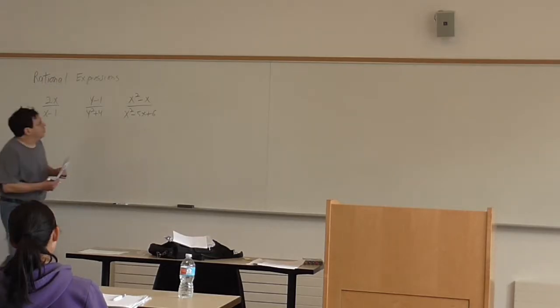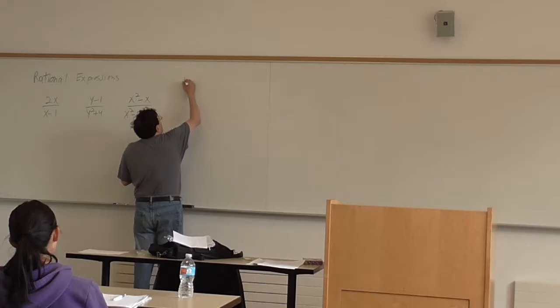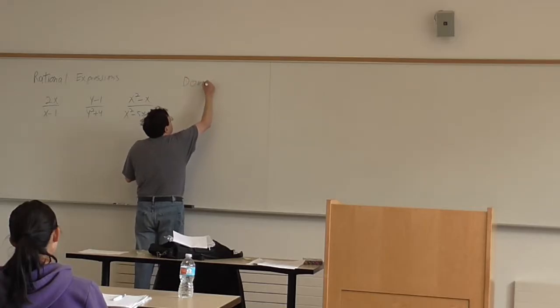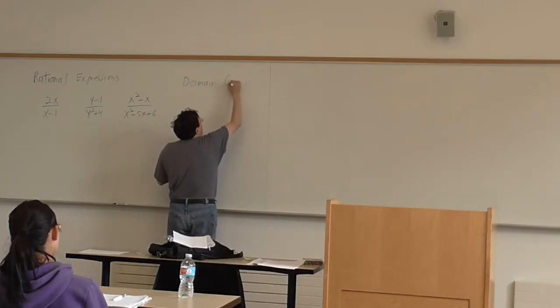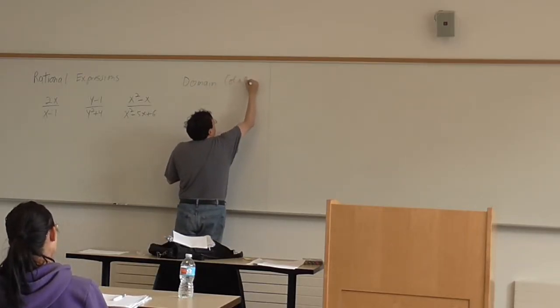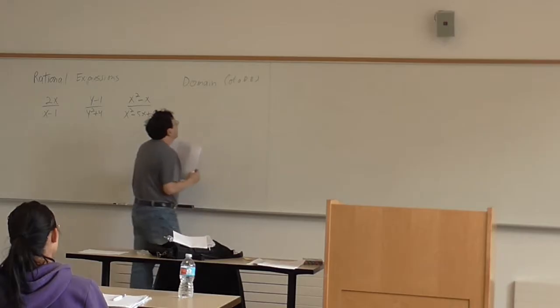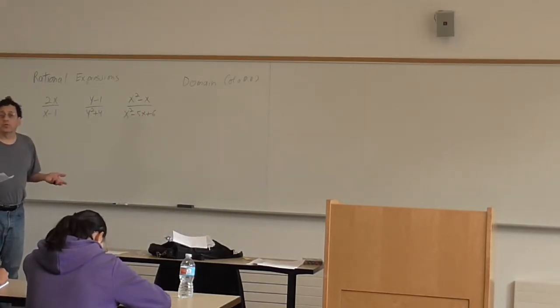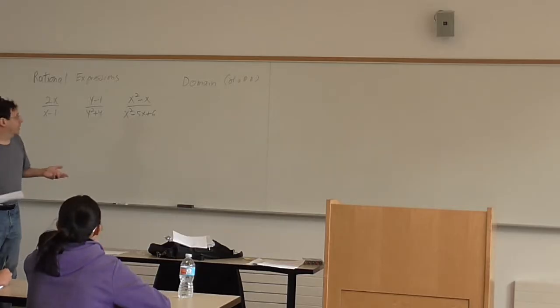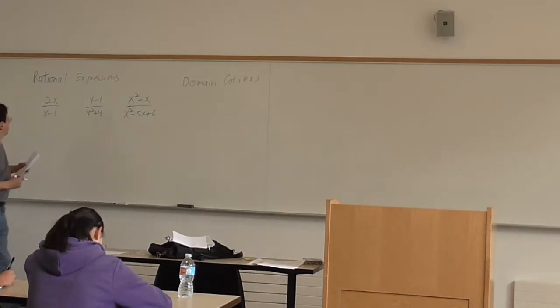So we're going to define a term, the domain. In this case, specifically the domain of a rational expression, as that set which we're able to and willing to plug into an expression.